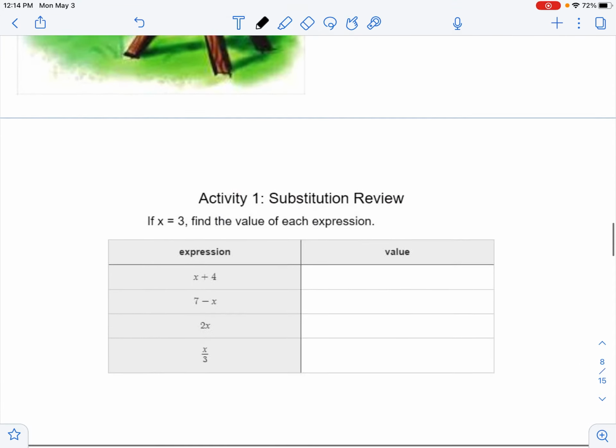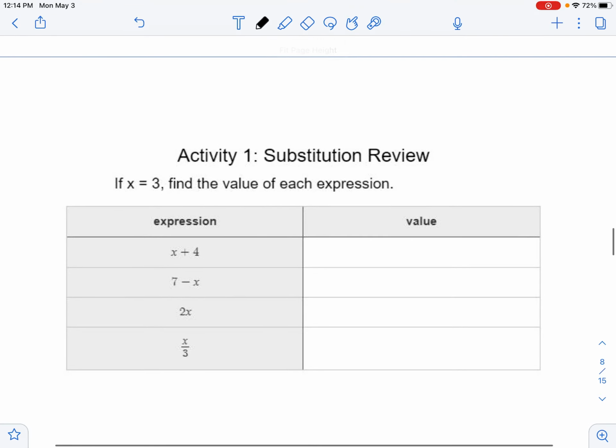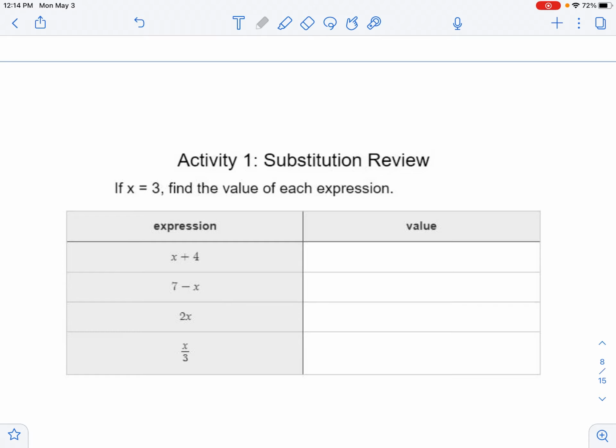The first thing we talked about was substitution and reviewing how it is that we substitute expressions. In some classes, you might have done this slide in Desmos, and in other classes, we played quizzes. But either way, the point of the conversation is the same. When I have an expression like x plus 4, and I know what x is, so for example here, x is 3, I can simply replace the x.